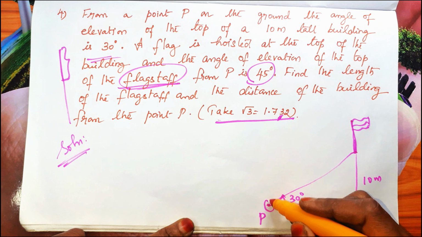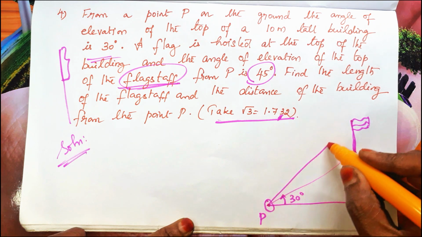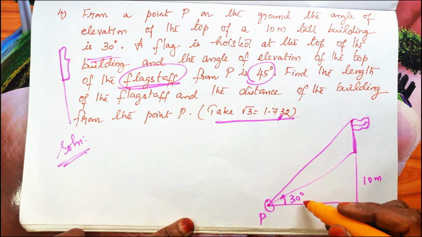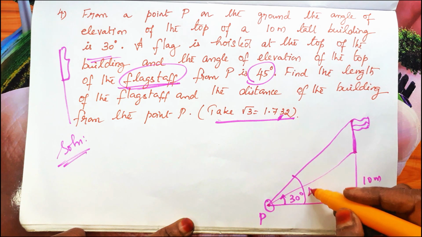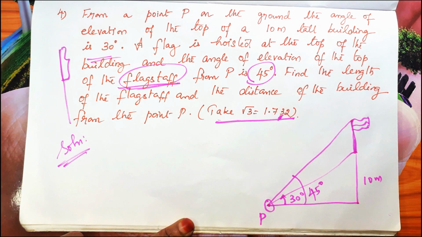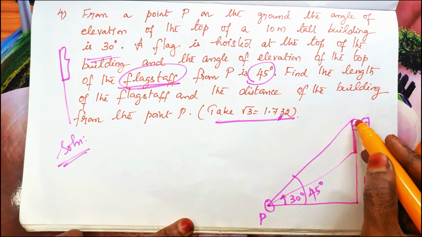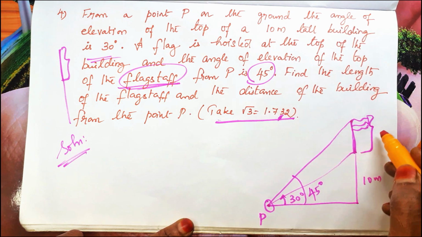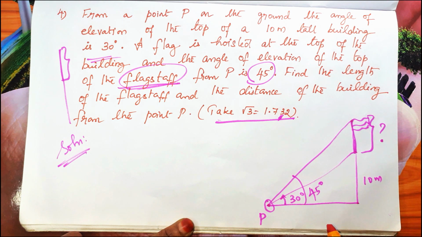So when the observer sees the top here, the angle of elevation is 45 degrees. We are going to find the length of this portion alone, and the distance of the building from P. This we are also going to find.